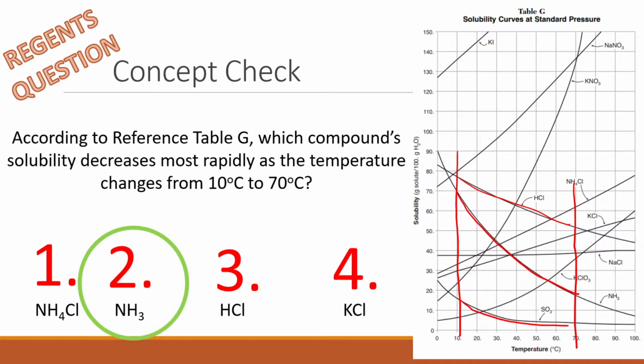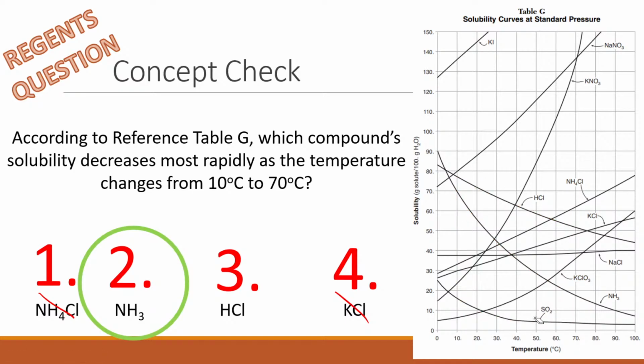SO2 with a gentle curve. And KCl, which just goes up. So definitely not KCl. NH4Cl doesn't, KCl doesn't, HCl does, SO2 does, but it's not on here. NH3 is our most rapid downward trend.